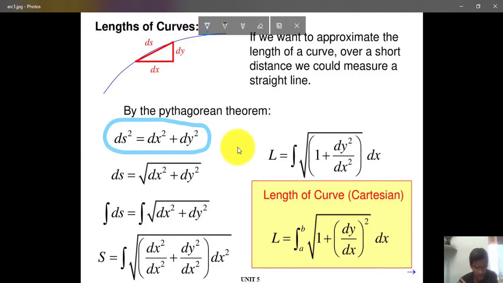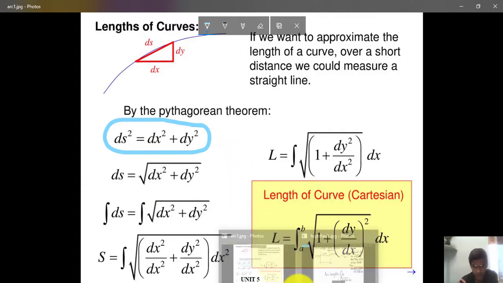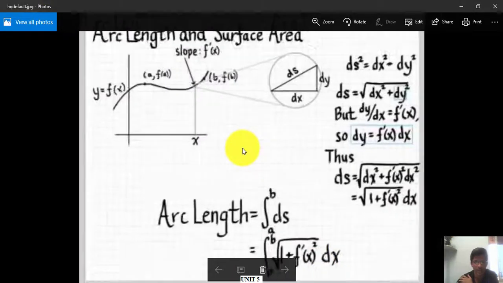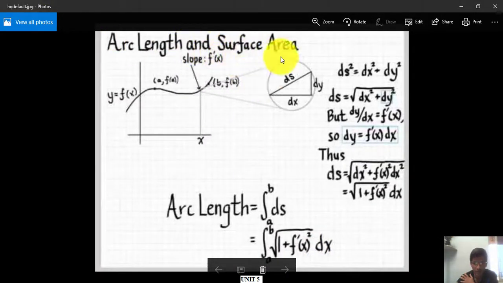Now how are we going to find the length, right? This is much better. So for the arc length, see here, this is a and this is b, wherein in a problem this is x1, this is y1, and this is some part of this curve, right?